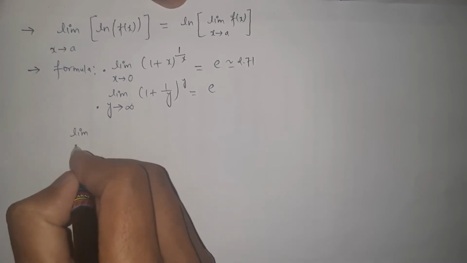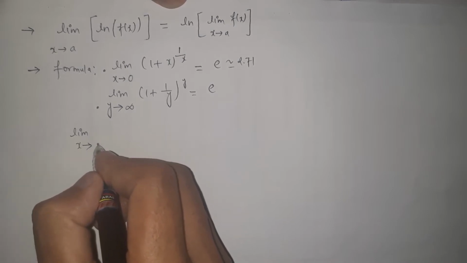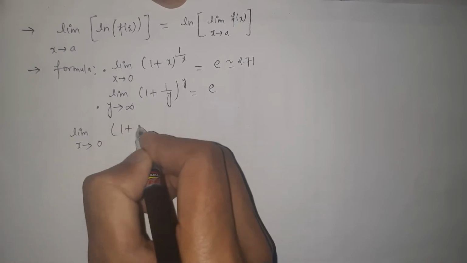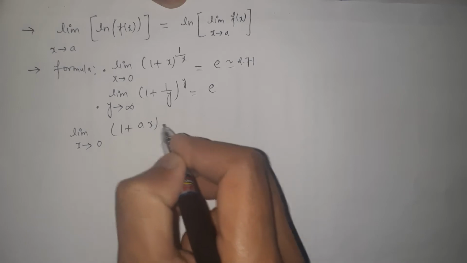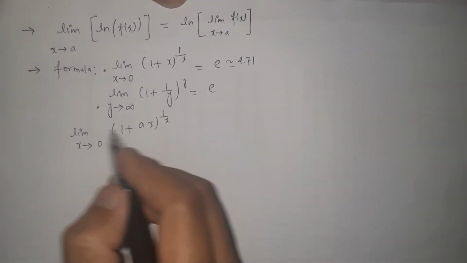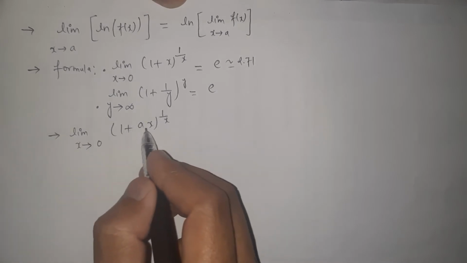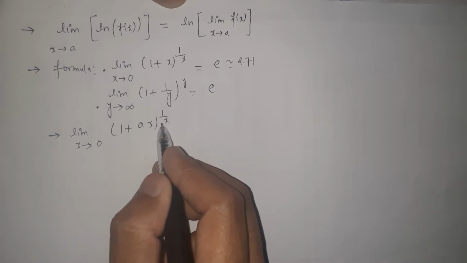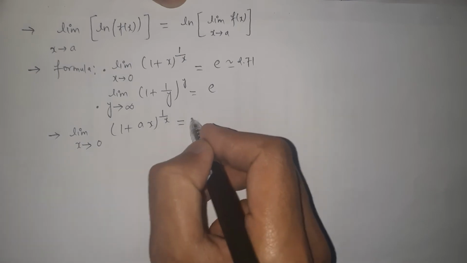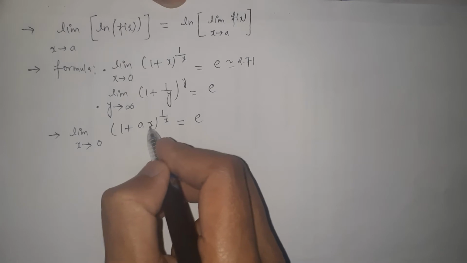The limit when x approaches 0 of 1 plus a times x raised to the power 1 over x. Please memorize this formula also. The limit of the function 1 plus ax raised to the power 1 over x when x approaches 0, under these conditions the value will be the Euler number to the power of the coefficient of x.